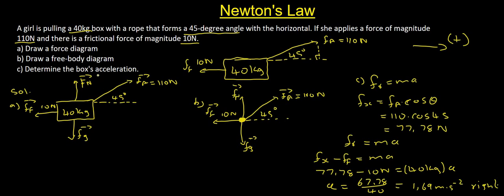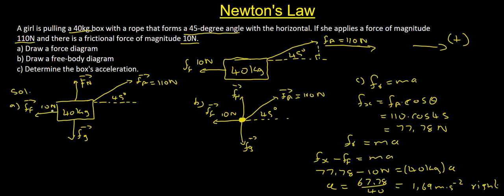For us to be able to draw a force diagram, we need to know all the forces that are acting on the box. Then we said there is the applied force of 110 Newton at an angle of 45 degrees. Then we draw it. Then the frictional force that is acting horizontally in the opposite direction of 10 Newton.